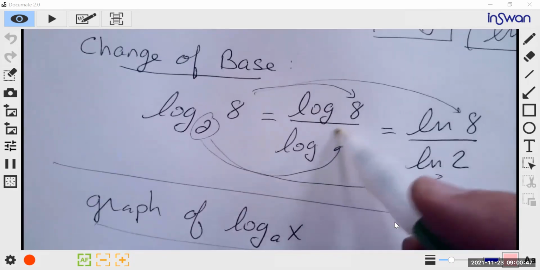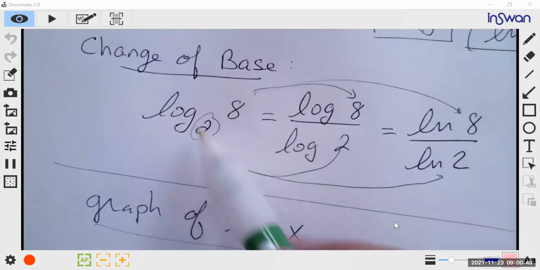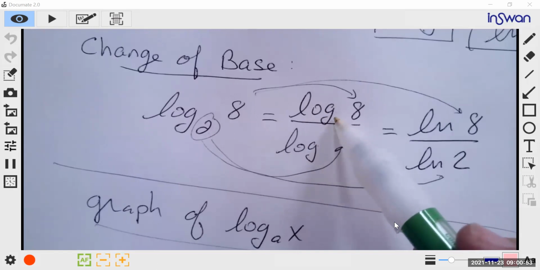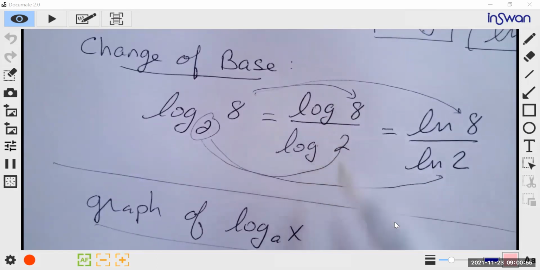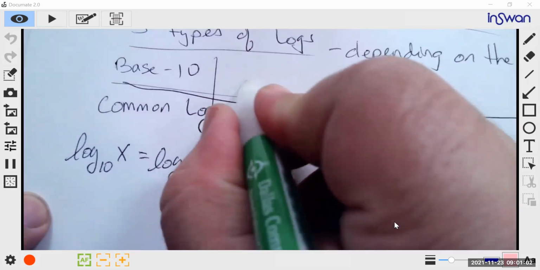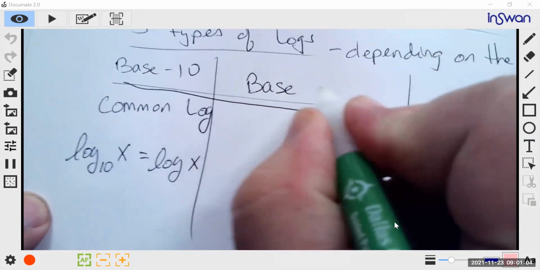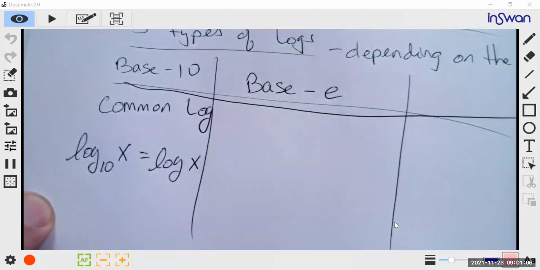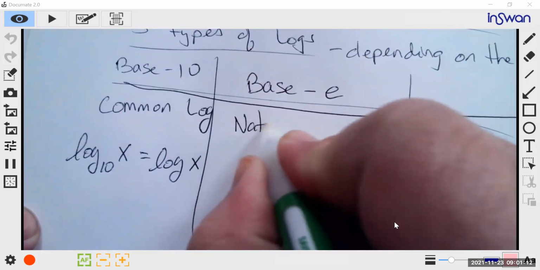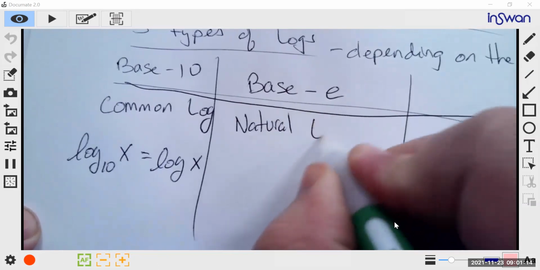So for example, in this example, this one was log base 2, which didn't exist in our calculators. So we switched it to log base 10, common logs. The common log of 8, common log of 2. The next one, base e. Remember Euler's number? We call that a natural log.